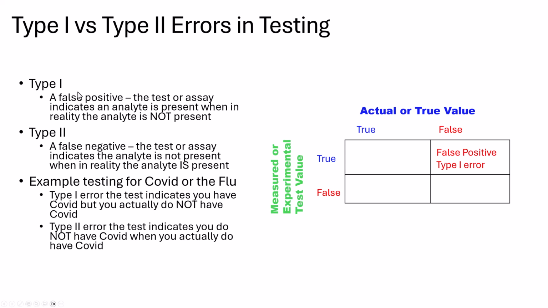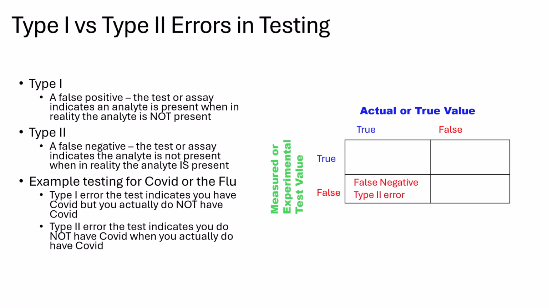If the experimental value tells us that the analyte is present, so maybe this is the COVID virus, maybe it says glucose is present, but it's really not present, all right? So it tells us it's present when it's not. This is a false positive. It's saying it's positive, but it's not really positive, and this is called a type 1 error, okay?